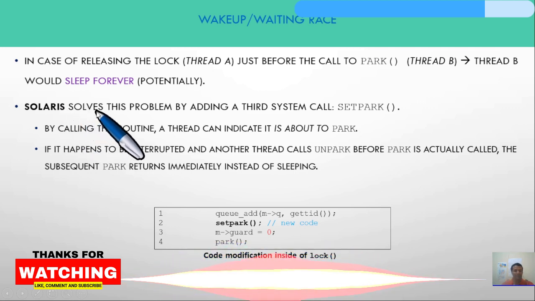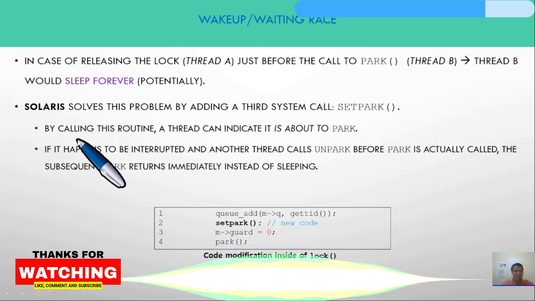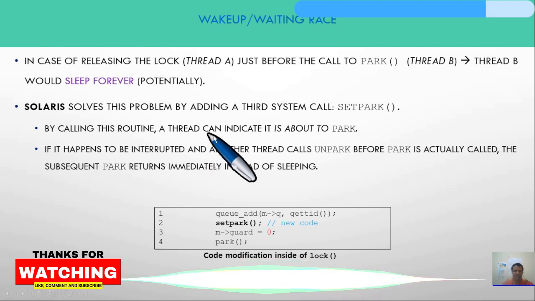Solaris solves this problem by adding a third system call, setpark. By calling this routine, a thread can indicate it is about to park.